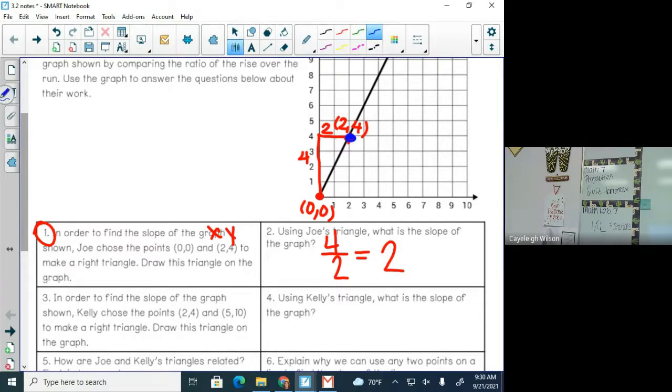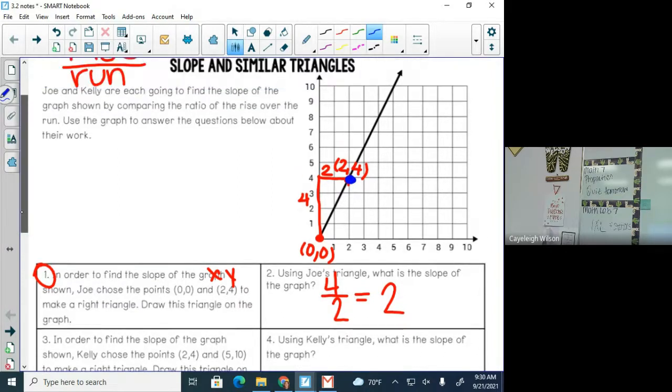Okay, so (2, 4) is right here, which we just used for Joe, and then (5, 10).